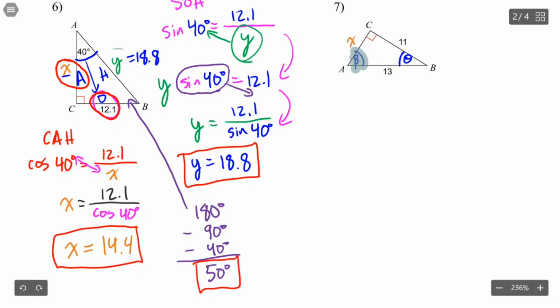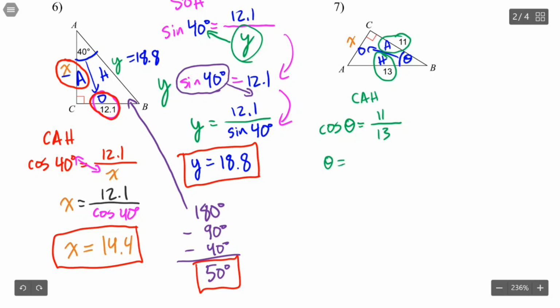So solving for theta, this is my hypotenuse, this is my opposite, and this is my adjacent. So I guess this becomes a CAH question. Cosine of my angle is my adjacent over my hypotenuse.